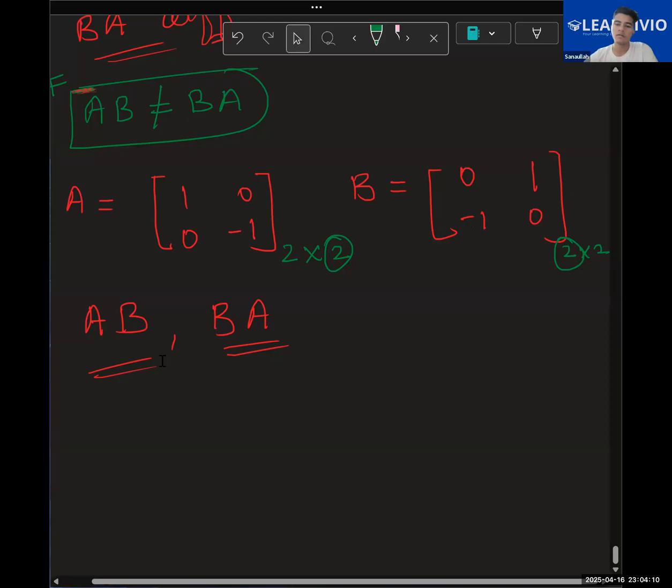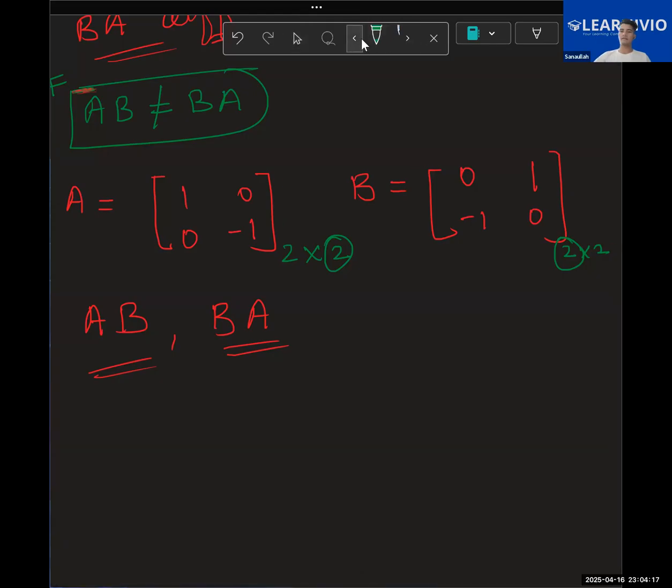Okay, so AB कैसे मल्टीप्लाई करते हैं आपको पता है ना. रिवाइजिंग एट होम और नॉट? रिवाइज करोगे तभी याद रहेगा नहीं तो भूल जाएगा.